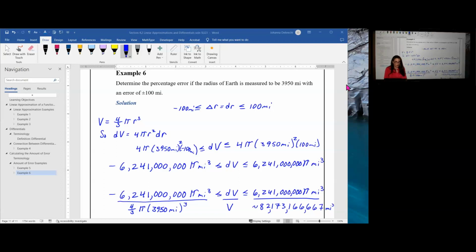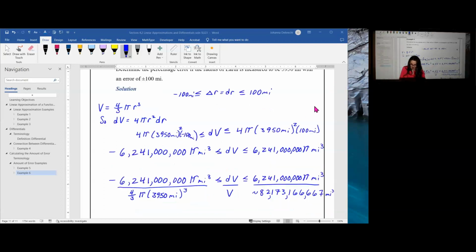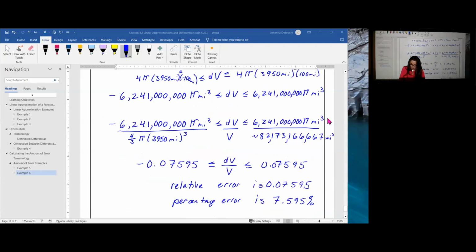To find the relative error, what we need to do is divide this by the actual volume. We don't know the actual volume, so instead we use an estimation using the 3,950 miles, which turns out to be 82,173,000,000, etc. When we compute the relative error, we get that the relative error is between positive and negative 0.07595, roughly.